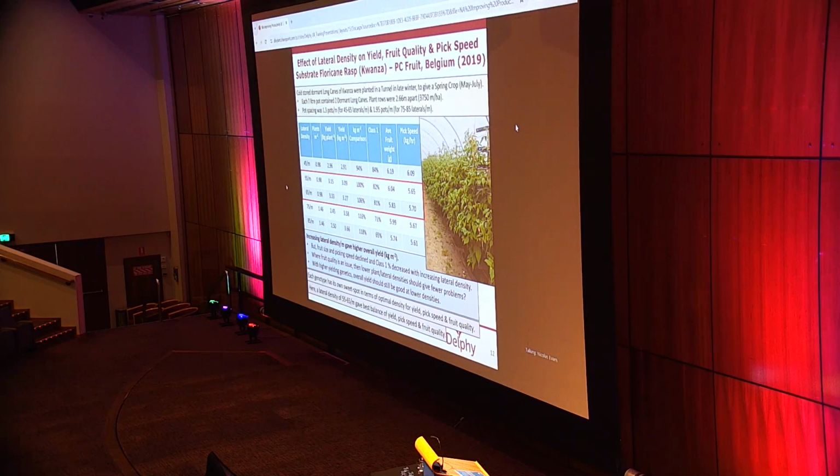With higher yielding genetics, what we see is overall yield still is pretty reasonable at lower densities combined with better quality and faster picking speeds. The reality is each genotype has its own sweet spot for optimal yield, pick speed and fruit quality. But in this situation, a lateral density of 55 to 65 gave the best balance of yield, pick speed, and fruit quality.